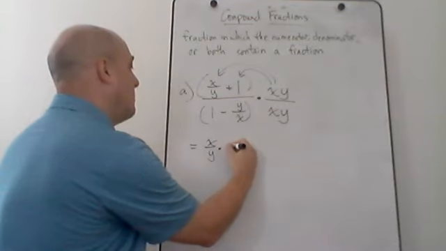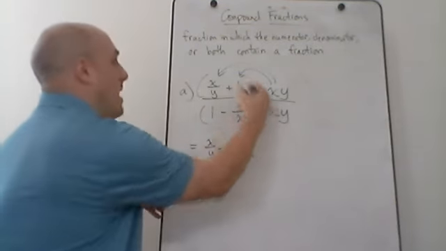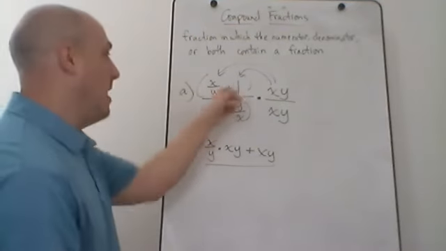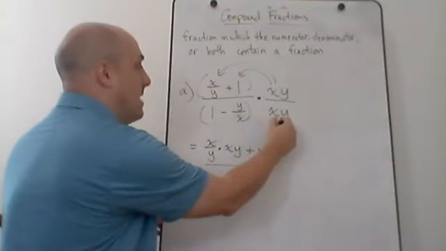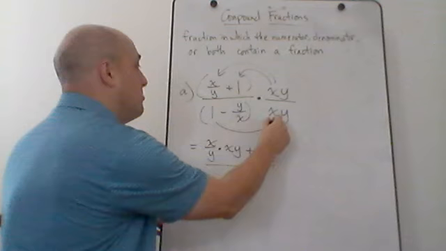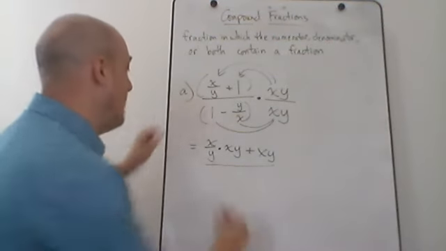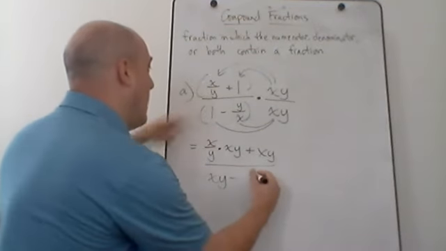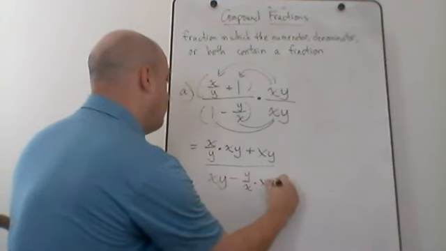It's going to be x over y times xy plus xy times 1, which is just xy, because I'm just multiplying by 1. Then I do the same thing in my denominator: I multiply by xy and distribute into the parentheses. So xy times 1 is just xy, and then minus y over x times xy.